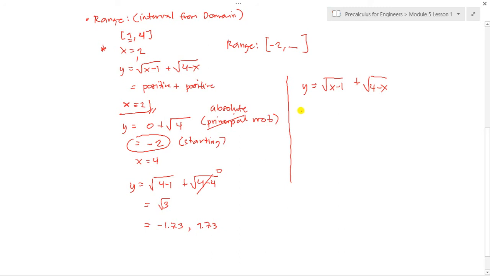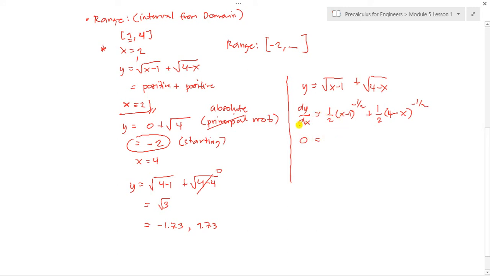If we are going to take the maximum, let's say the slope for this function is 0. So we have dy over dx is equal to 1/2 times x minus 1 raised to negative 1/2, plus 1/2 times 4 minus x raised to negative 1/2.